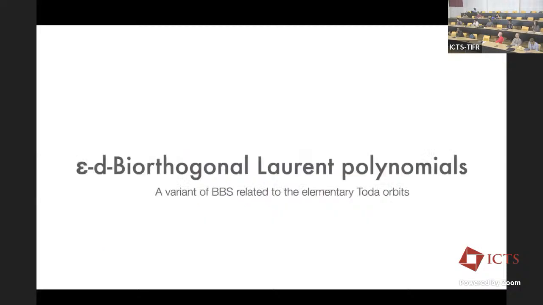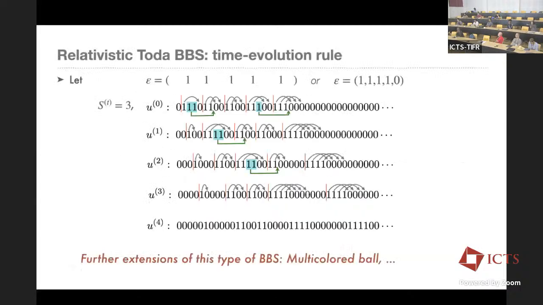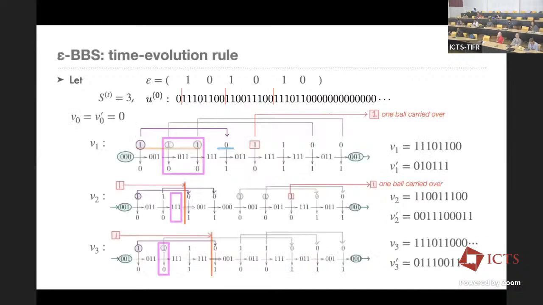You mean that in the exam, maybe not the Toda case. Maybe I think you mentioned the epsilon BBS case. Yes, maybe. And of course, I forgot to mention and notice that such a situation happened.